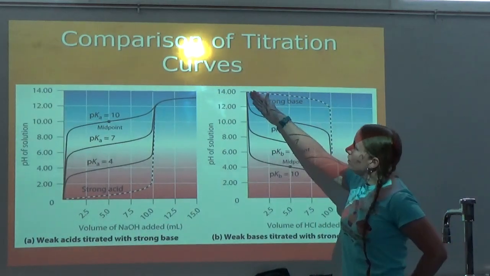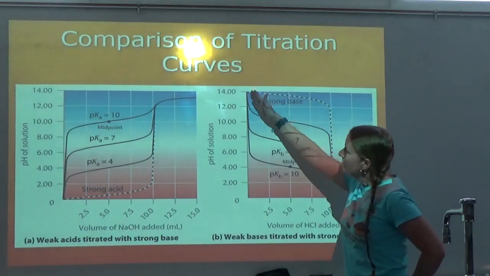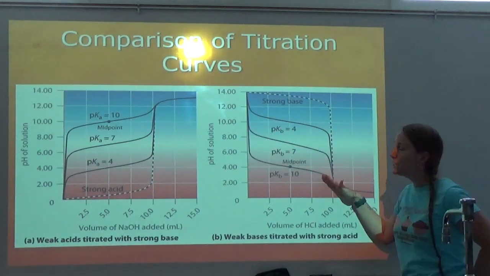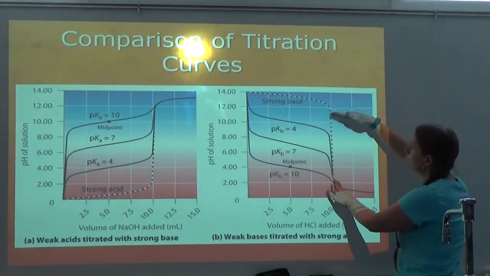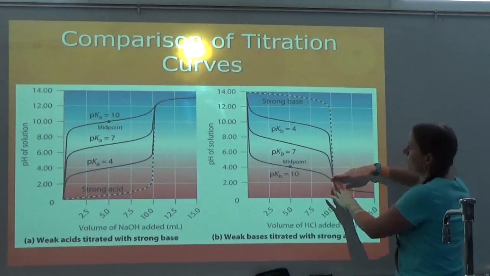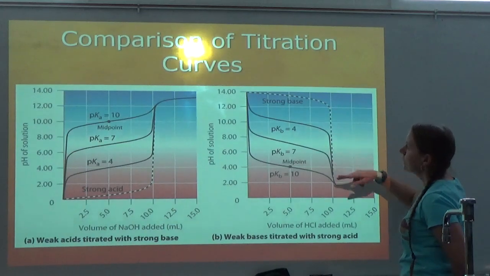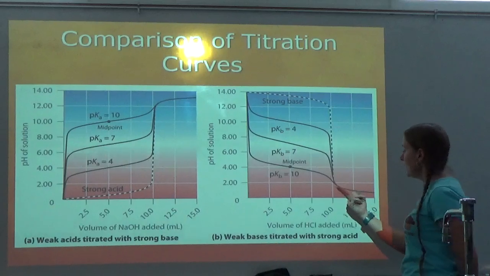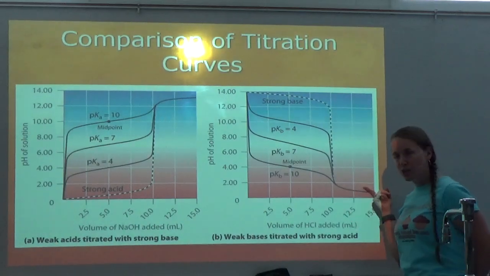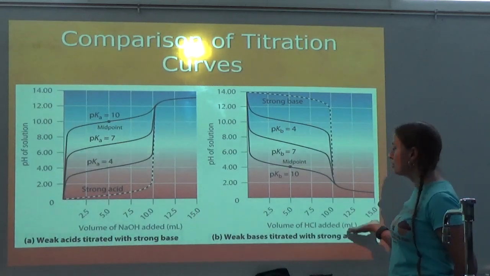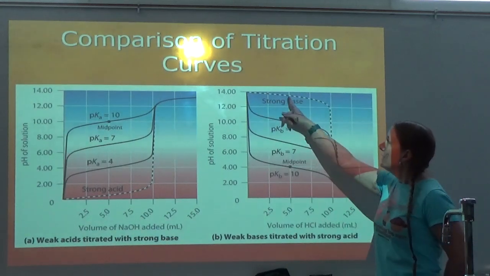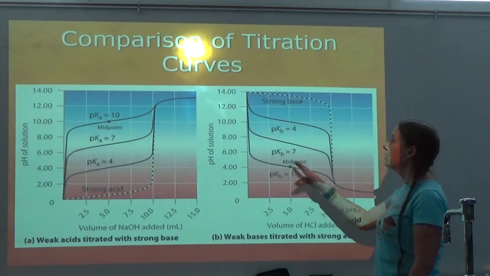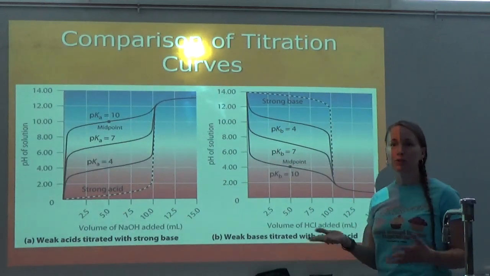The weaker the base, notice again, it messes up the initial part of the S. So the vertical portion gets shorter as the base is weaker, and the pH gets lower and lower than 7 as it gets weaker. But the end of the curve does not change, because that's still based on just your strong acid. And then again, at half the equivalence point, because we're talking about base now, your pKb equals your pH.